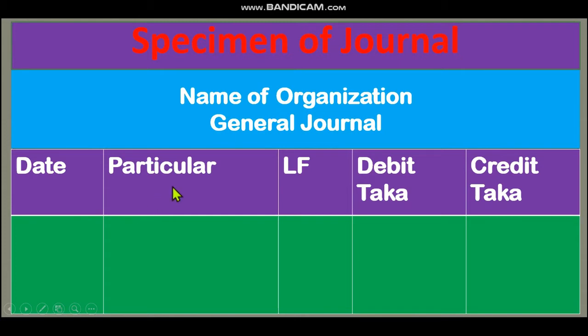Then here we will write particulars, that means the related parties, like cash account debit, capital account credit, cash account and capital account. Then LF, ledger folio, that means to which ledger we will transfer this transaction. Then debit taka and credit taka, that means the amount we will record, debit amount in the debit column and credit amount in the credit column. This is the format of a journal. Inshallah, next class we will do journal.